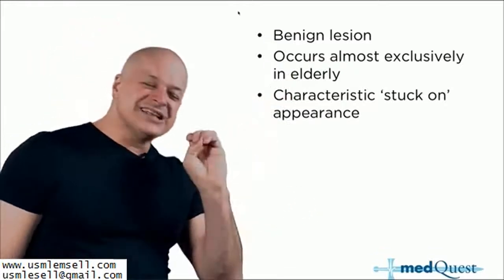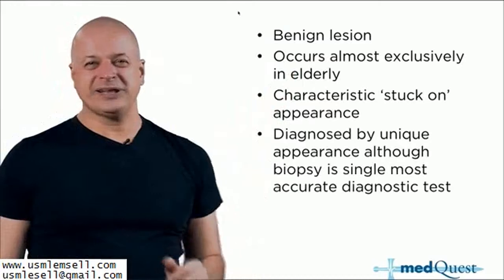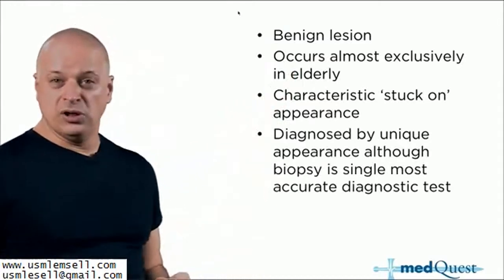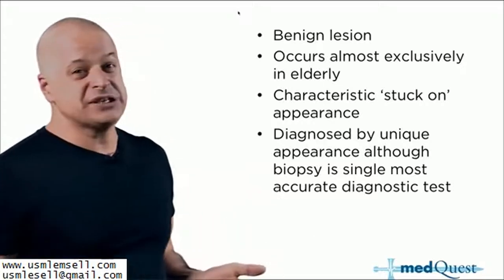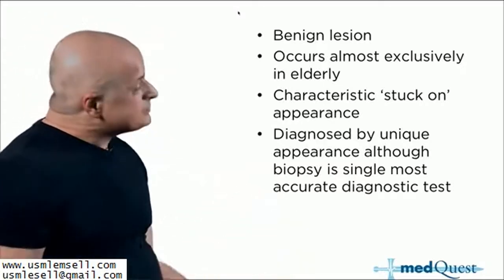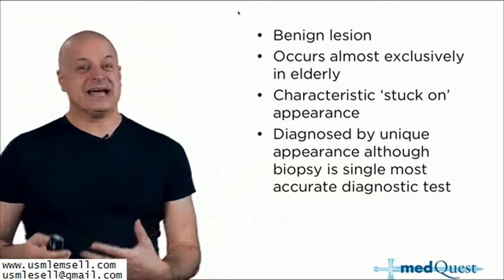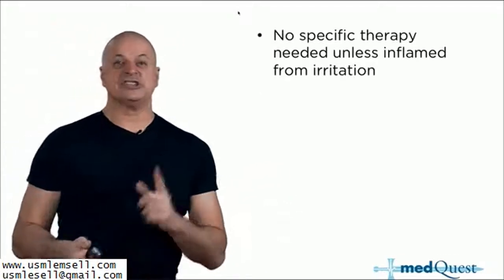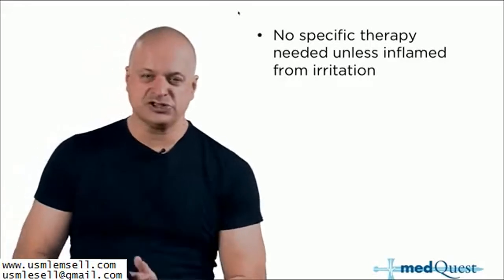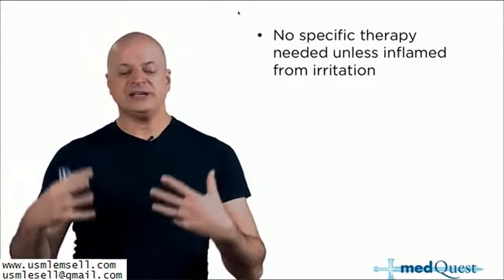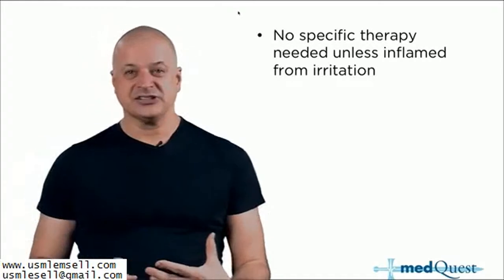And it looks like it's been stuck on, like you threw toilet paper with poo up against the wall. Although biopsy is the most accurate test, it's not necessary for seborrheic keratosis.